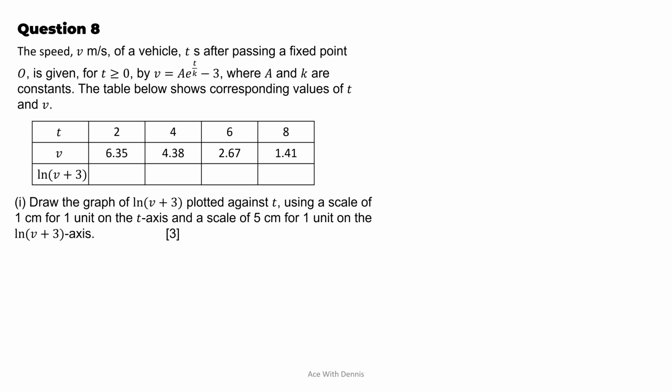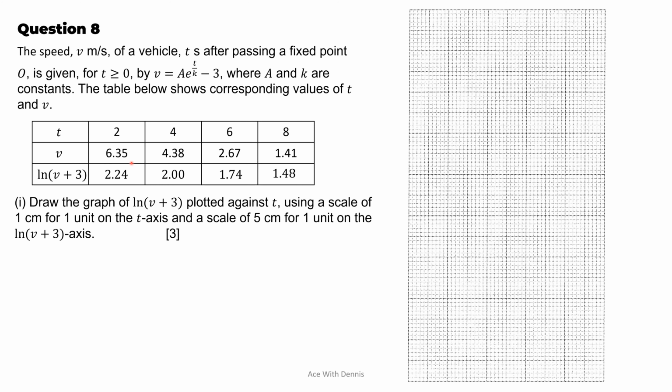So we calculate one by one by substituting the value of v individually. The first v is 6.35, then we get 2.24. The second point, v is 4.38, then we get 2. Next, 2.67, we get 1.7274, and the last one, 1.41, we get 1.48.